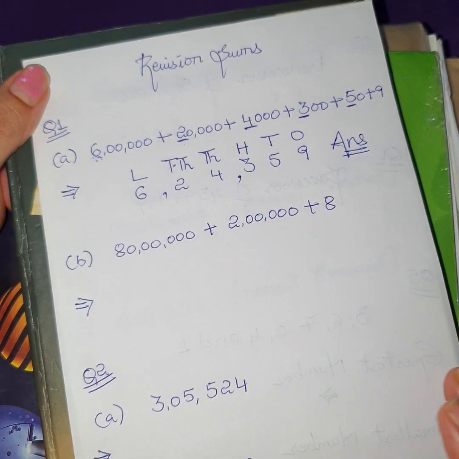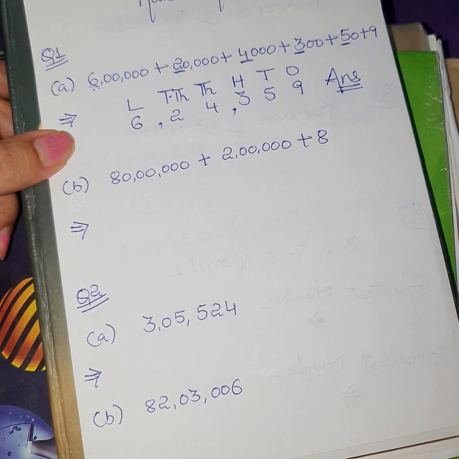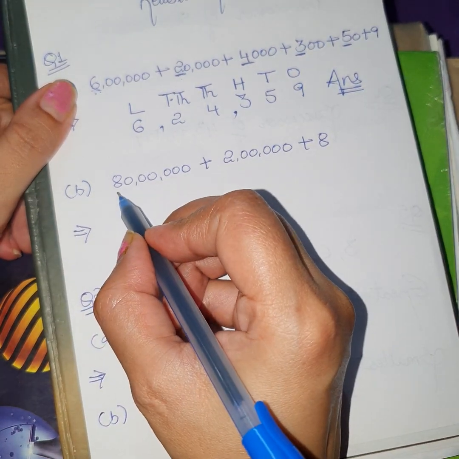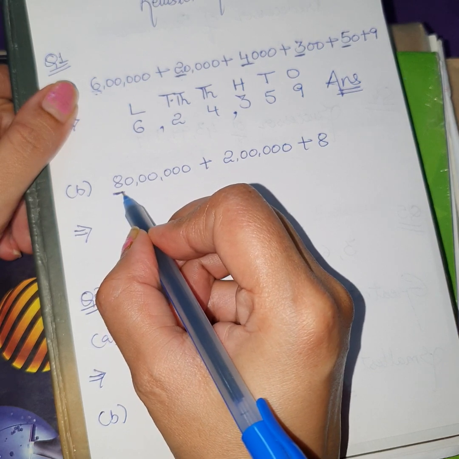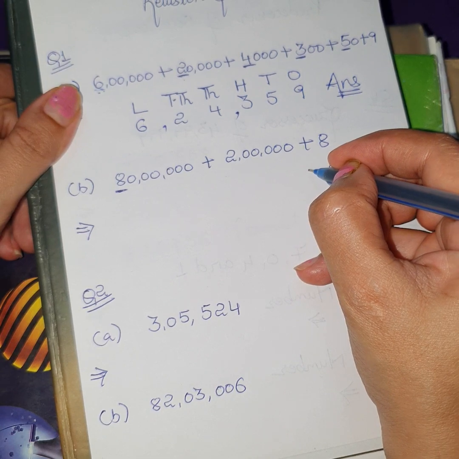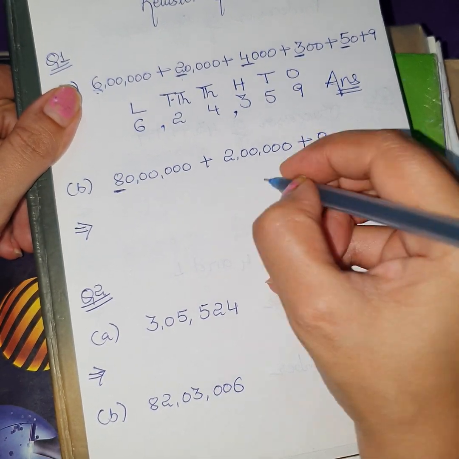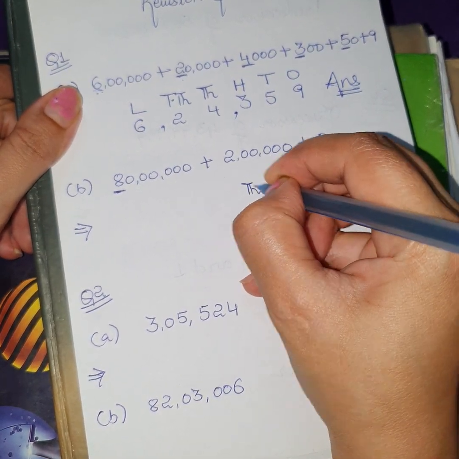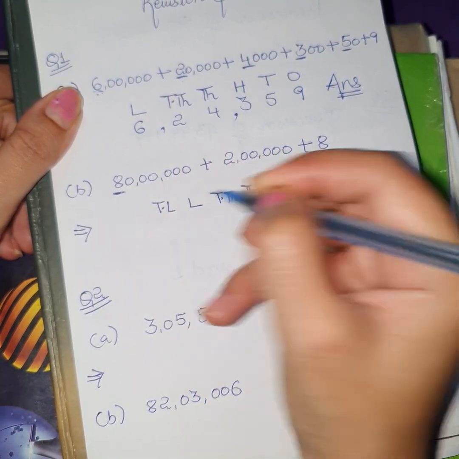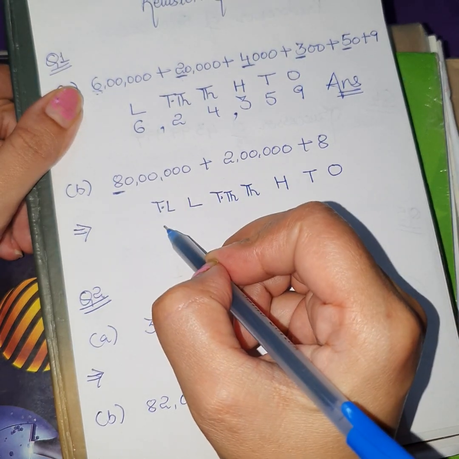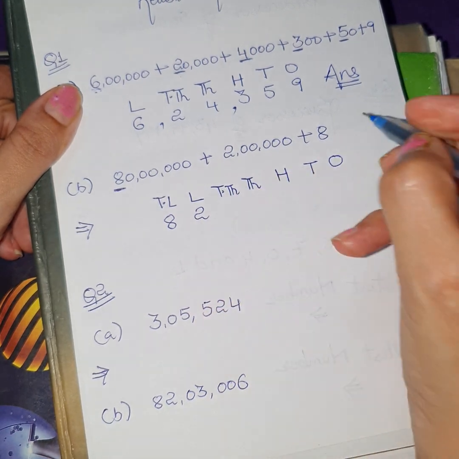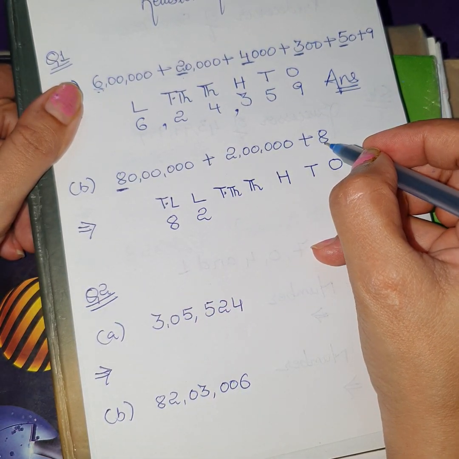I hope your answer is correct. Then the B part is 80 lakh plus 2 lakh plus 8. So here the highest number is still 80 lakh, that means 10 lakh. So first of all, when we mention the places, we will mention it till 10 lakhs. So ones, tens, 100, 1000, 10,000s, lakh and 10 lakh. Okay. So in 10 lakh we will write 8, then 2 lakh. So in lakh we will write 2, and then it is single number 8.